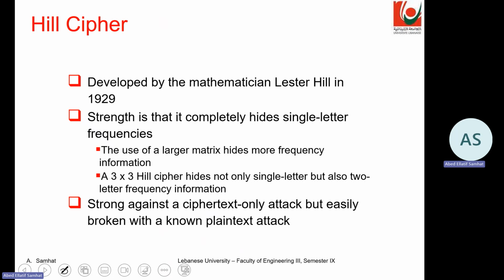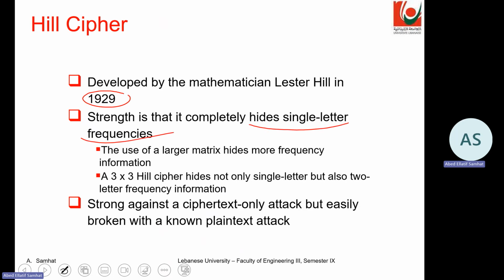Another cipher algorithm is the Hill cipher. It's also more advanced, better than Caesar, better than Playfair, and it was developed in 1929, and it tried to completely hide the single letter frequencies.